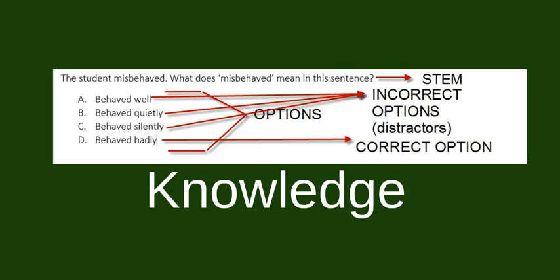So it might be very common for students to not associate the prefix mis- with the word badly. Therefore, I used well, which is the opposite, or quietly and silently, which both mean the same thing. Because those are often misunderstandings with this word, and you have to keep that in mind when you're writing these.